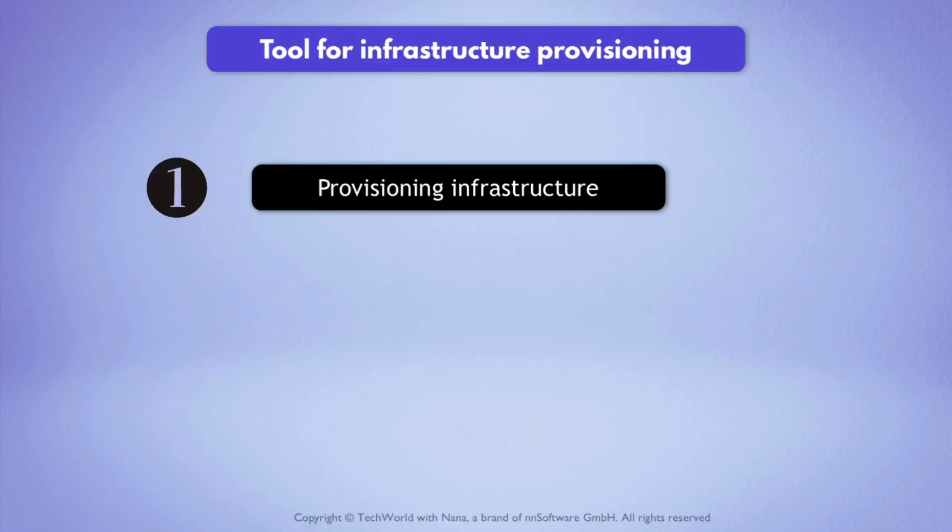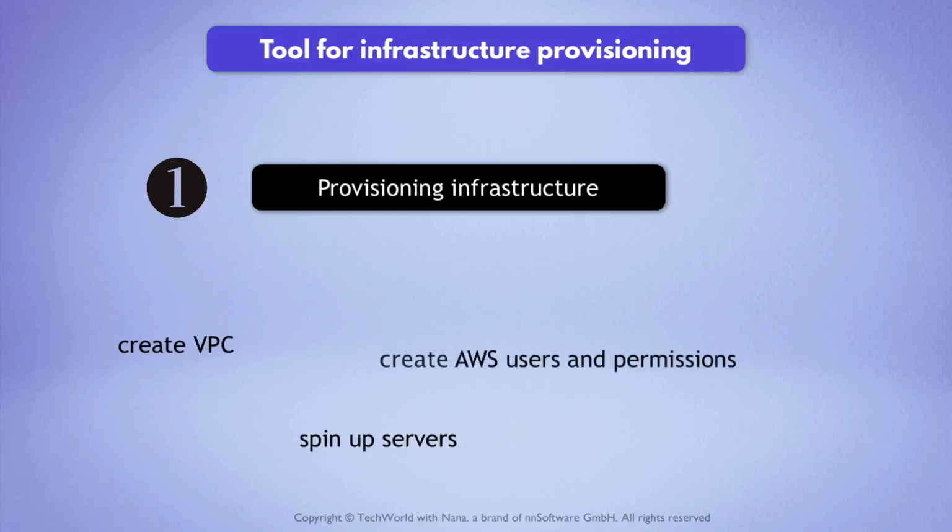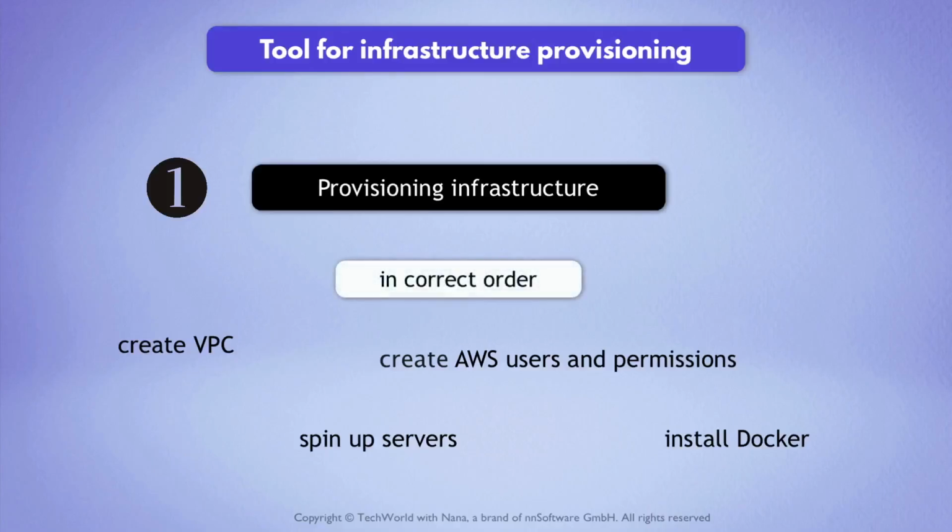Terraform is used for the first part where you provision the infrastructure to prepare it for the application deployment. Creating the VPC, spinning up the servers, creating the security, the AWS user with its permissions, maybe installing Docker specific version on servers, etc. And obviously all of this needs to be done in a correct order because one task maybe depends on the other.